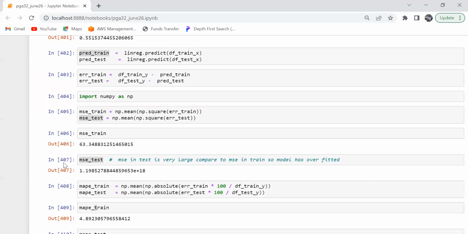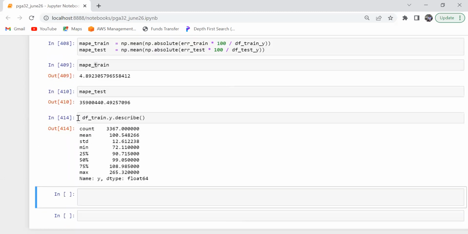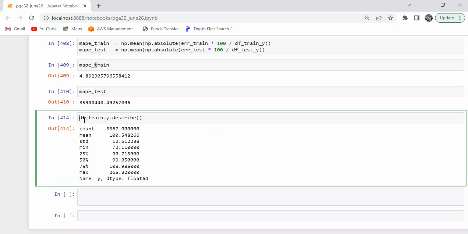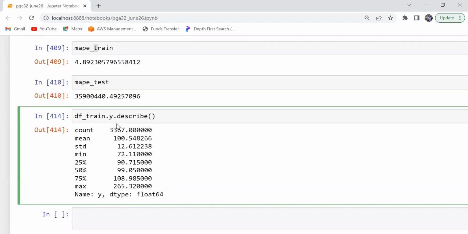Now everyone please look here, df train and let me say dot y. Okay, so in df train y, what is the range of your y variable? The minimum is 72 and the maximum is 265.